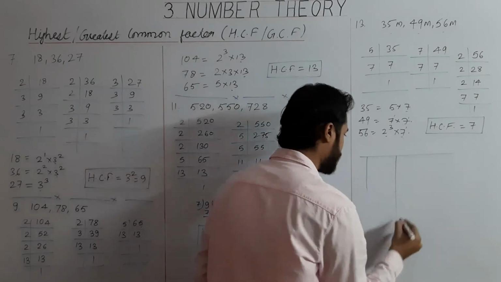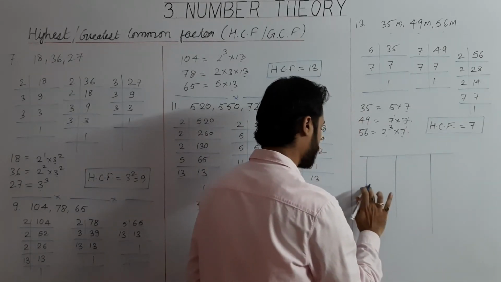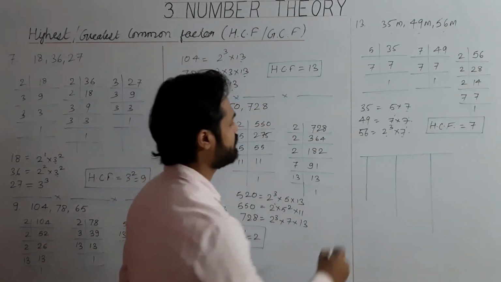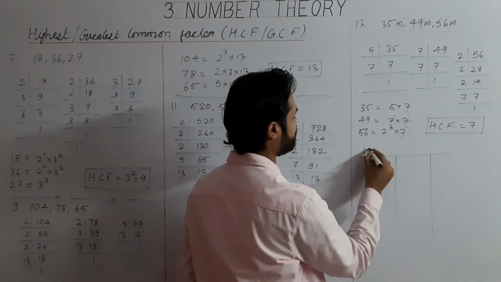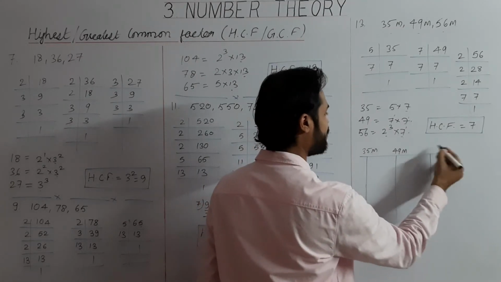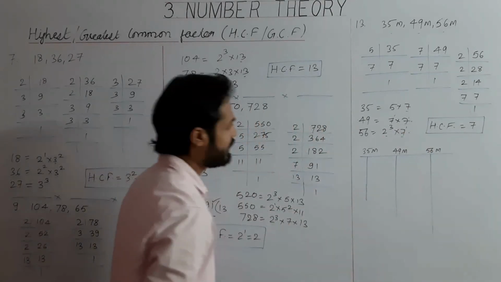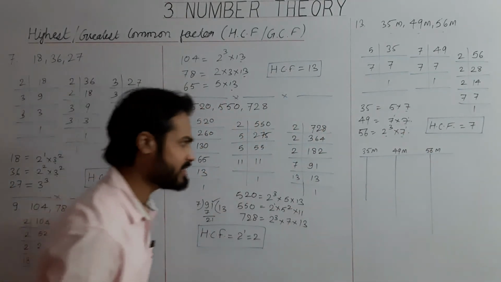Also, if we check this practically, the length of the first rope is 35 meter, the second rope 49 meter, and the third rope 56 meters, and the unit length of cut is 7 meters.